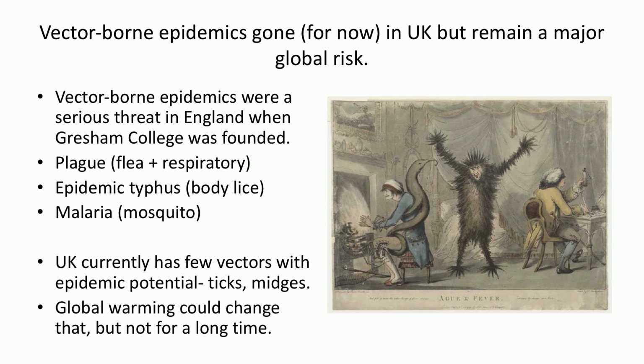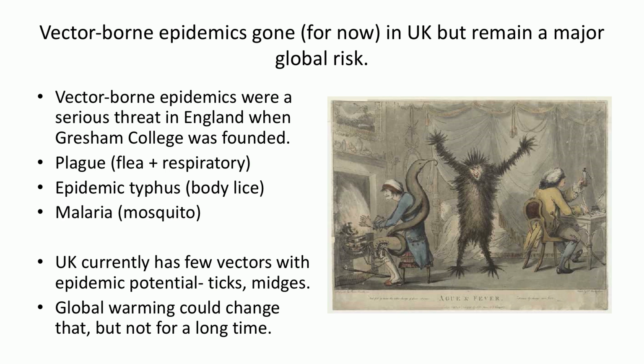The UK currently has relatively few vectors with epidemic potential. That is to say, they can actually cause a big outbreak. Ticks, arguably, and midges. There are animal midge diseases, but not human midge diseases. But if we ever got a human midge disease, that would be a potential risk in some parts of the country. But global warming could change this.